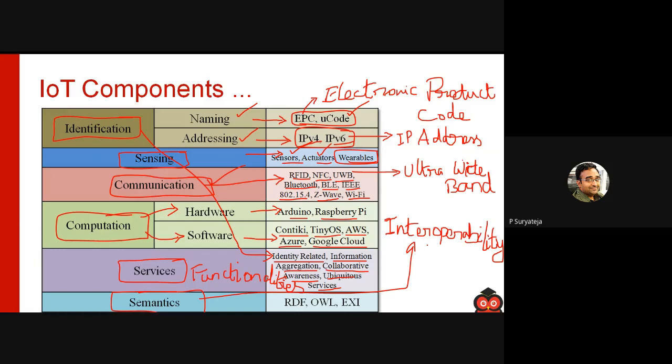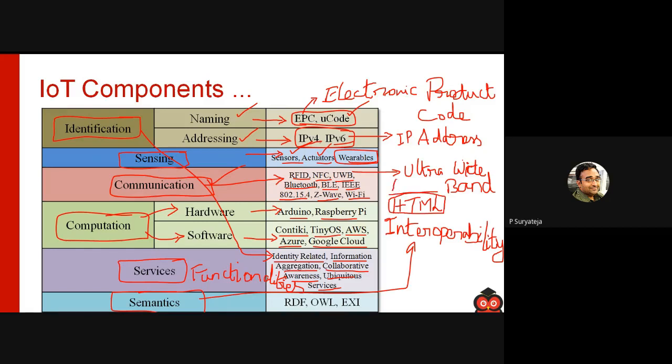Let's say you have a device A and a device B. Device A is manufactured by company A and device B is manufactured by company B. Device A understands, for example, HTML. HTML is a markup language which is used to create web pages.